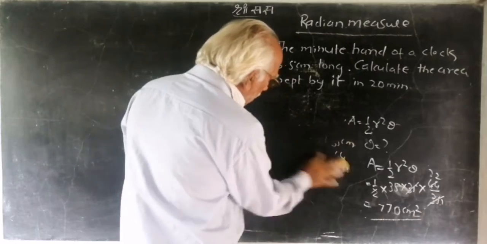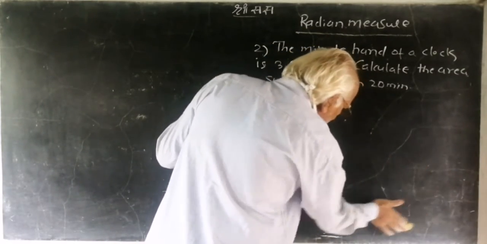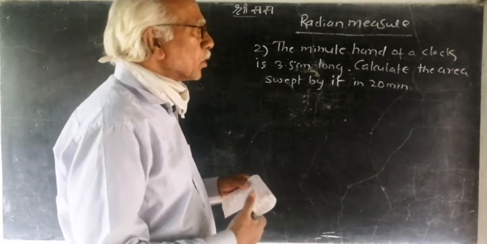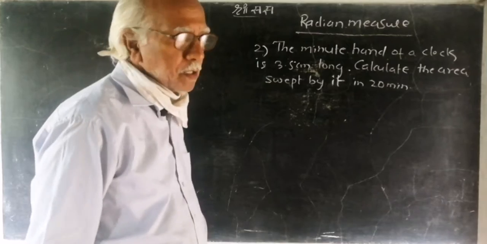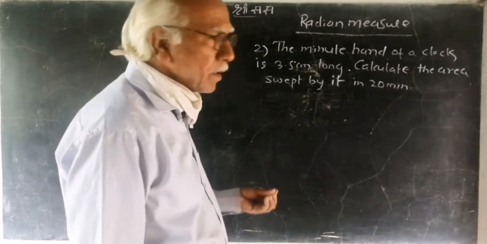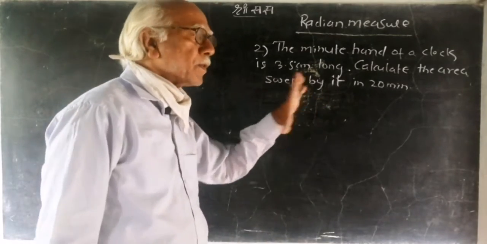So we must know how much angle is swept by the minute hand in 1 minute. If you go through those particular numbers in the clock from 1 to 3, it will sweep an angle equal to 90 degrees, which means 15 minutes.